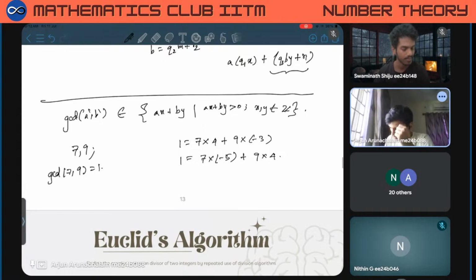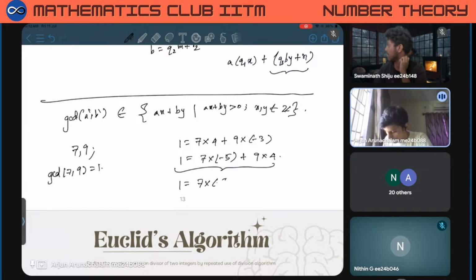A very simple proof is that, let's say you just do 1 is equal to 7 into minus 5 plus 9 into 4 plus 63 minus 63, right?